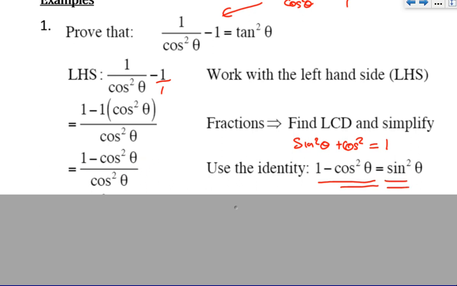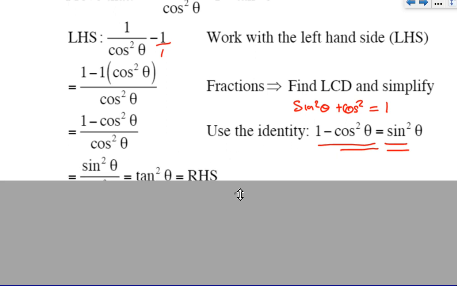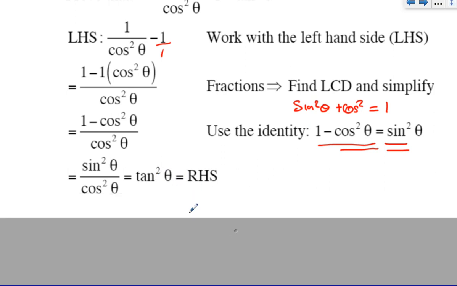So now we have sine squared theta in the numerator over cos squared theta in the denominator, which is tan squared theta, which is the right hand side, thereby proving our first trig identity. Not so bad, but lots of things to remember: LCD, using your square identities, using the byproduct of your square identities.